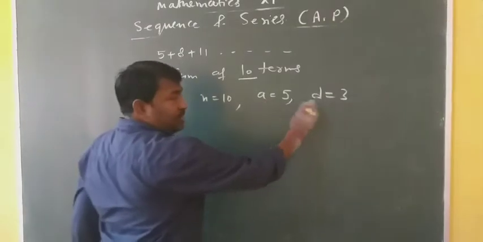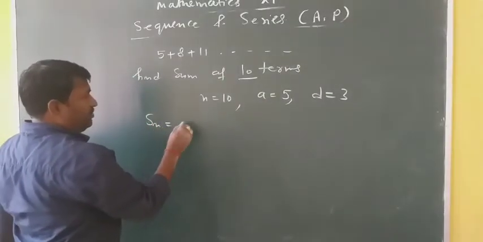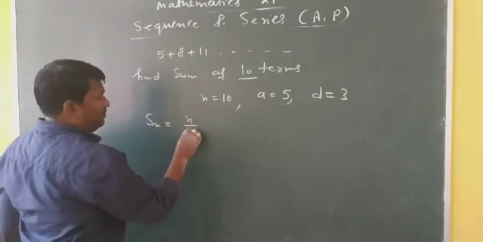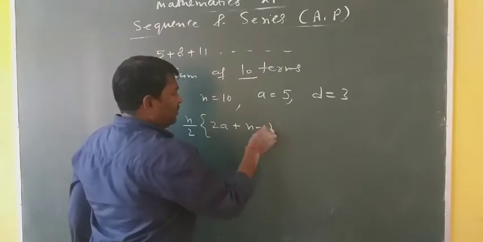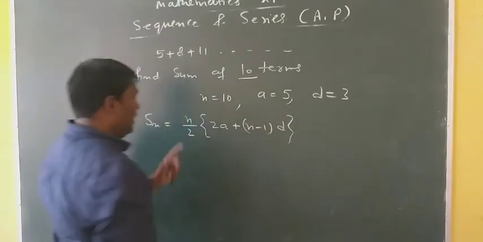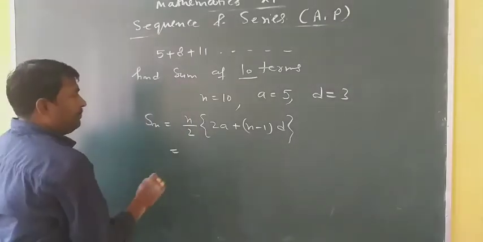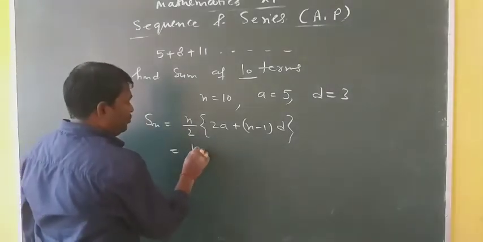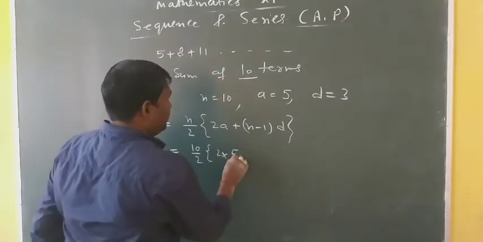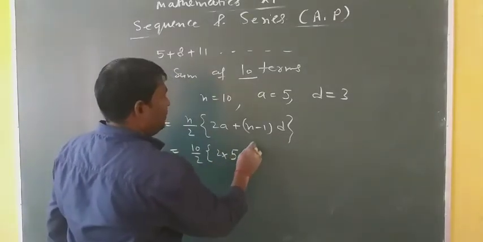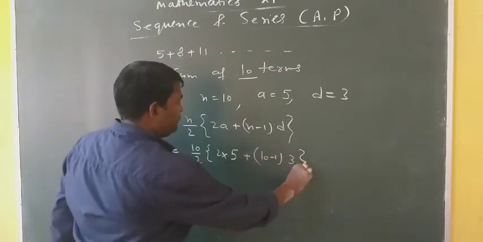n is known, a is known, d is known. Can you apply this formula for the summation of some terms, n by 2, 2a plus n minus 1 into d? Everything is known. So n by 2, 10 by 2, 2 into a, first term is 5, plus n, 10 terms, 10 minus 1, and d is 3.